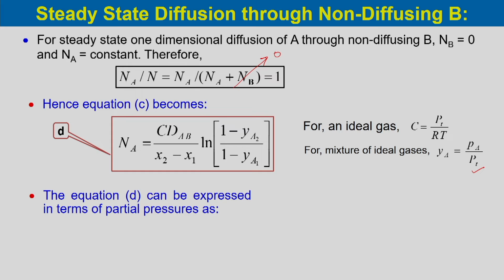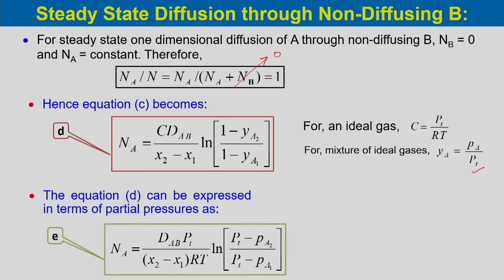Equation D can be expressed in terms of the partial pressure as follows: NA would be equal to DAB Pt divided by x2 minus x1 RT ln of Pt minus Pa2 divided by Pt minus Pa1.